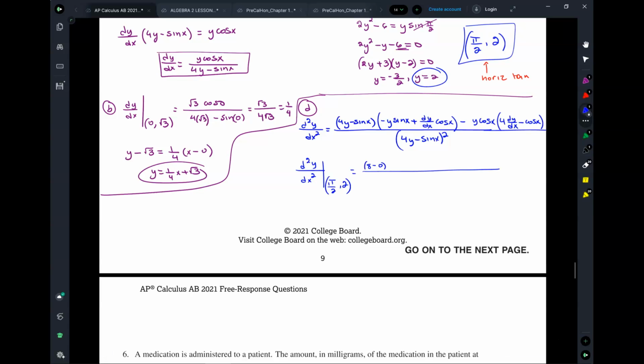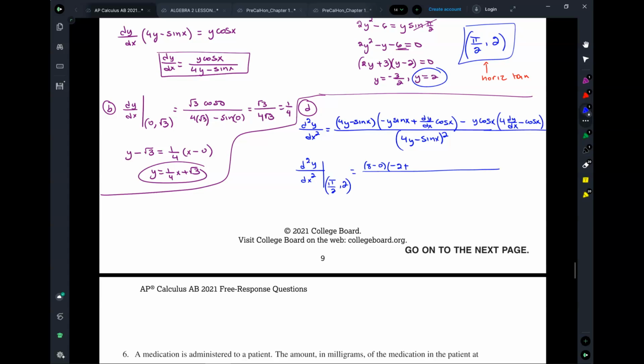And then here, negative y, so negative 2 times sine x is negative 2 plus dy dx cosine x.